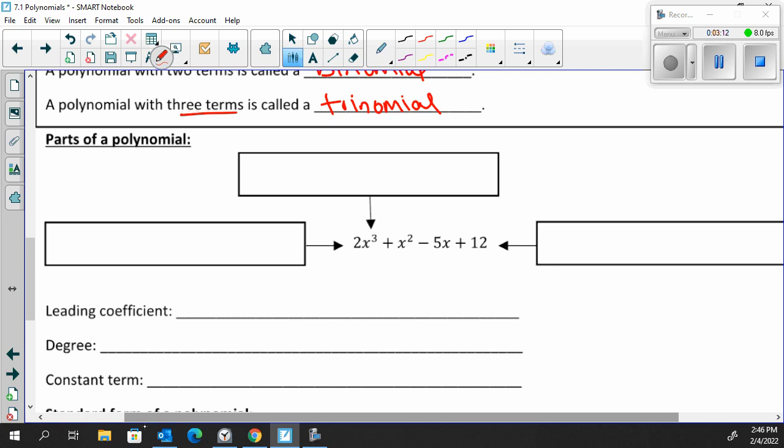This one right here is called the leading coefficient. That's fancy math language for first number, or the number in front. Okay? That is a leading coefficient.